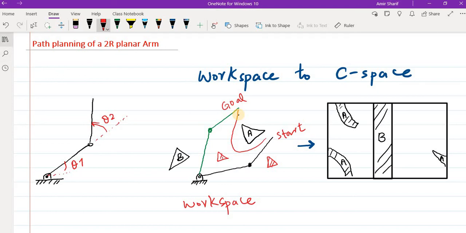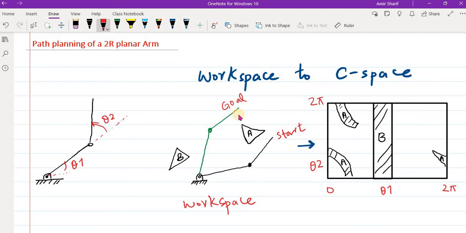To avoid this problem, we convert our workspace into a C space, configuration space, in which you have θ1 which starts from 0 to 2π. So this robot can rotate 360 degrees, and similarly the θ2 angle also starts from 0 and goes to 2π.